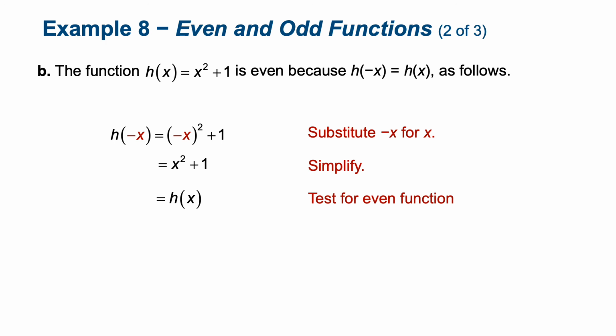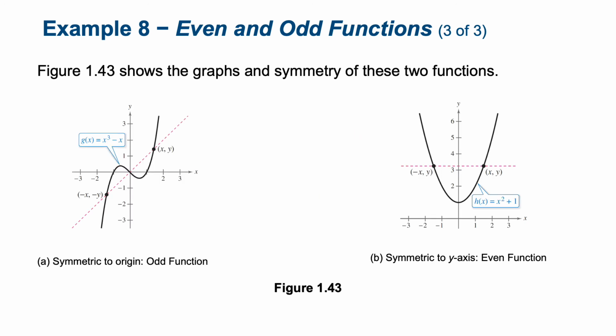So we get x squared plus 1. But what is this? This is exactly the function that we started out with. So what we're showing algebraically is that h of negative x is equal to the original function h of x. And because of that, we can say this function is even. I can say that with certainty.